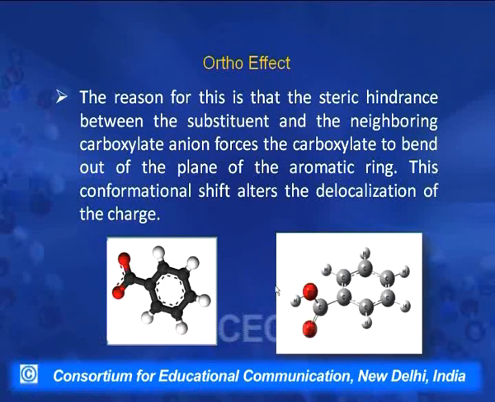It is like this. This is the plane of the ring, and the carboxylate group has now gone perpendicular, and the p orbital of this carbon and the p orbital of this carbon are no longer parallel, so extended conjugation is not possible.